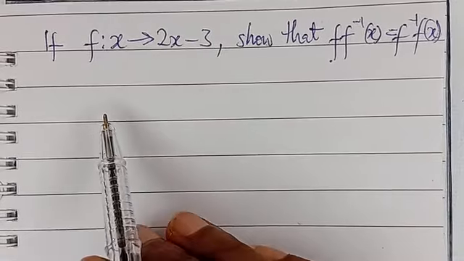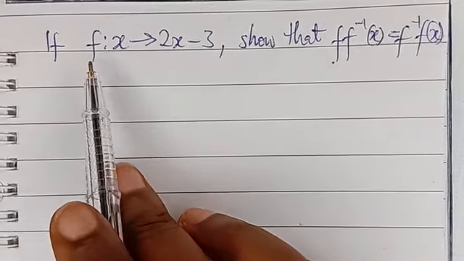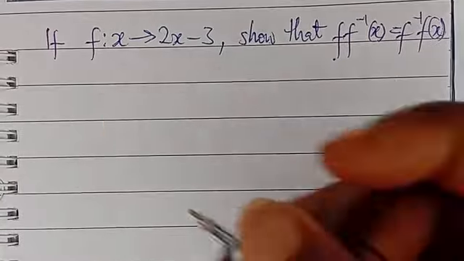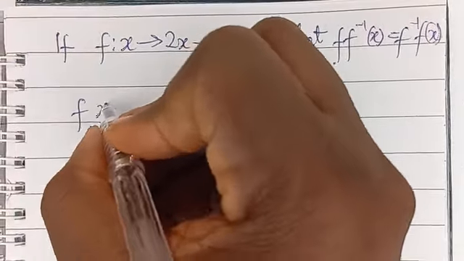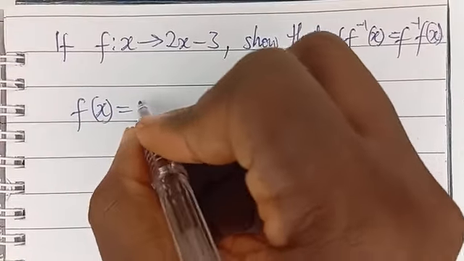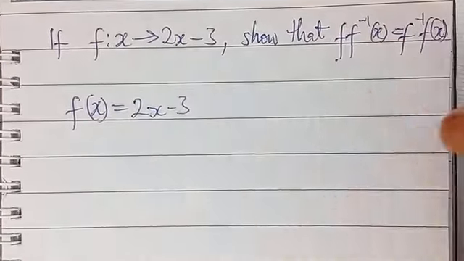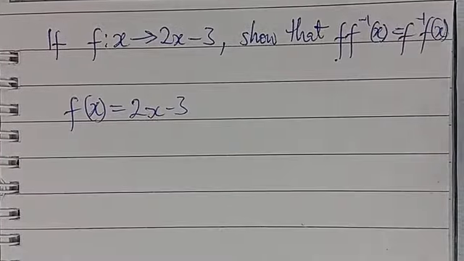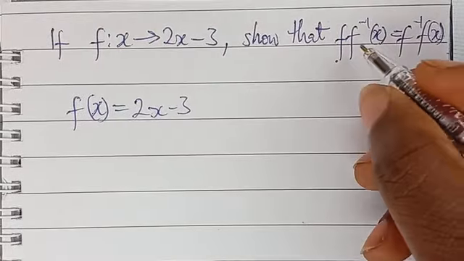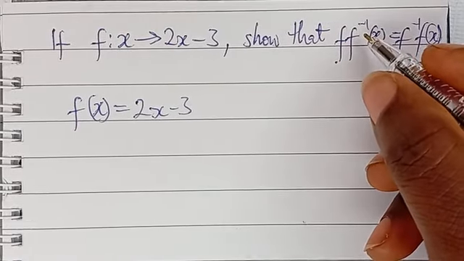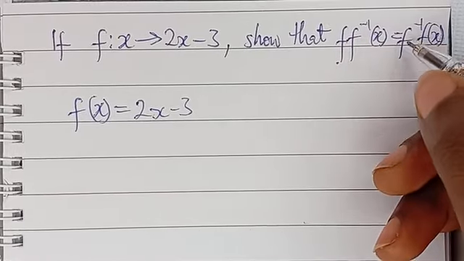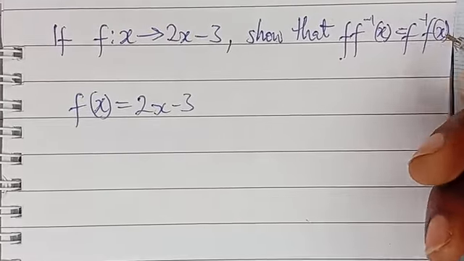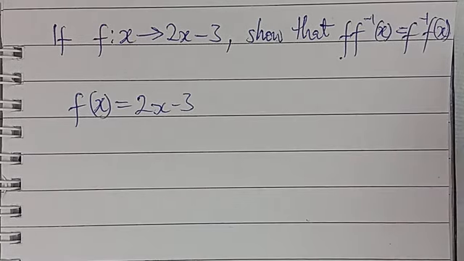Okay, I hope you understand so far. Now we are going to look into this example. We have that f of x is equal to 2x - 3. And then we are now to show that the inverse of f of x is equal to the inverse of f of x of f of x.